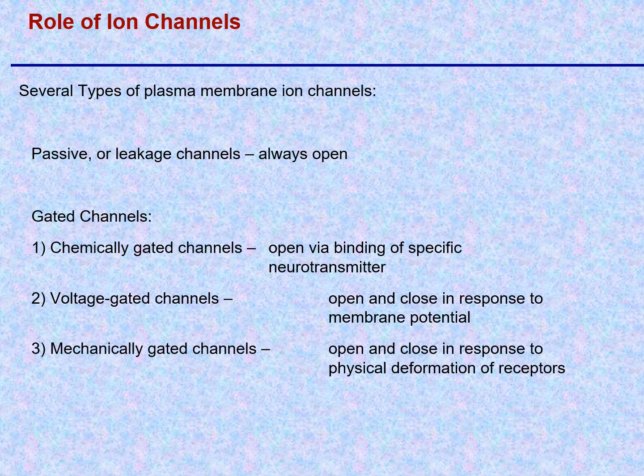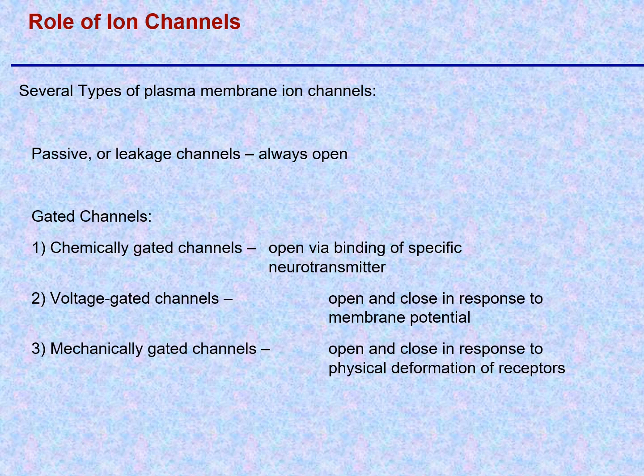They are quite specific, and they are not necessarily open. Some are open, and they're called passive or leakage channels. They're always open, and there's a little bit of leaking of the particular ion or electrolyte that they allow through. But then there are other channels that are gated. They are closed, and then under particular circumstances will open. And it's not a permanent open, it can close again.